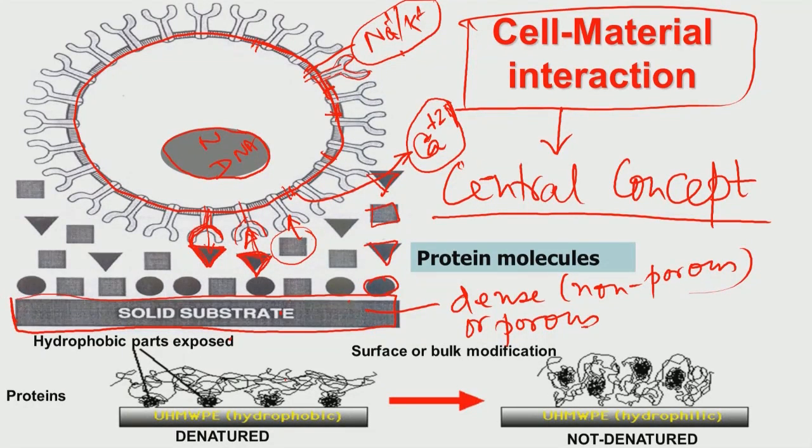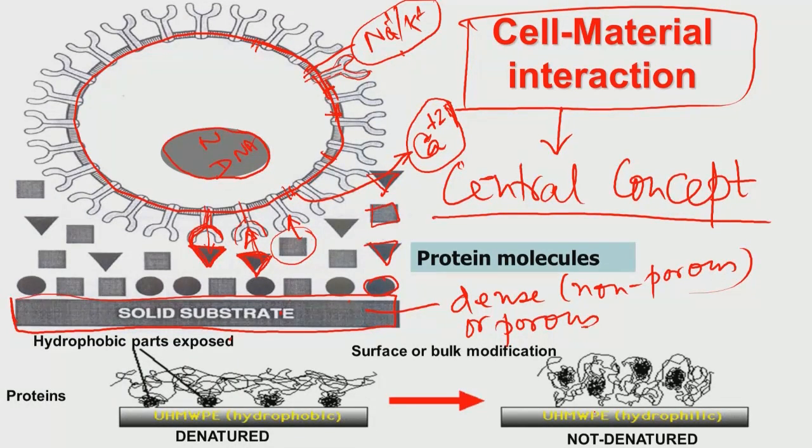This example is shown here with ultra high molecular weight polyethylene, which typically has a hydrophobic surface. You can do certain surface treatments like oxygen plasma treatment or UV treatment to make this polyethylene surface hydrophilic.